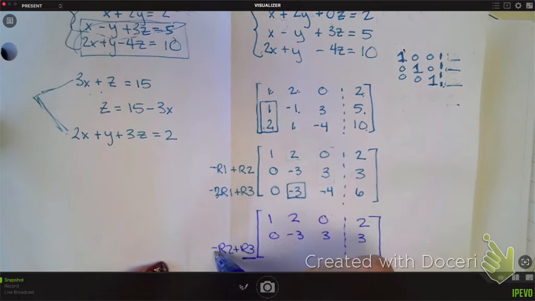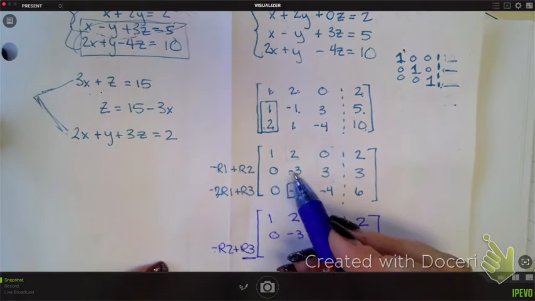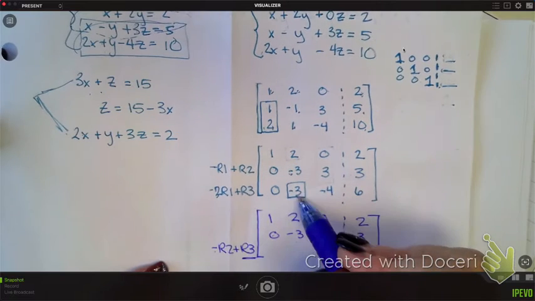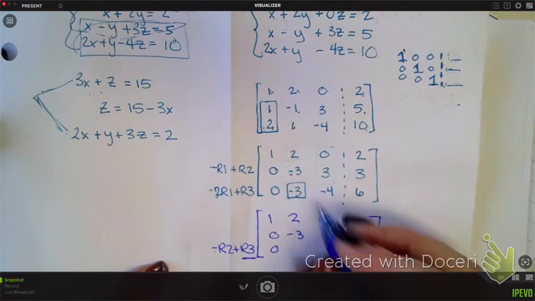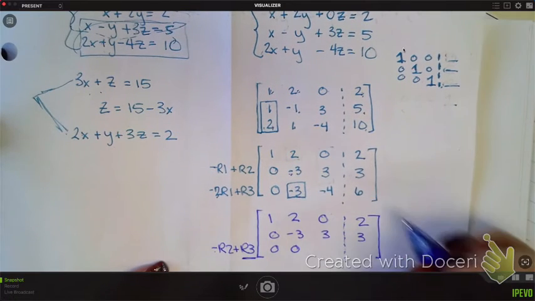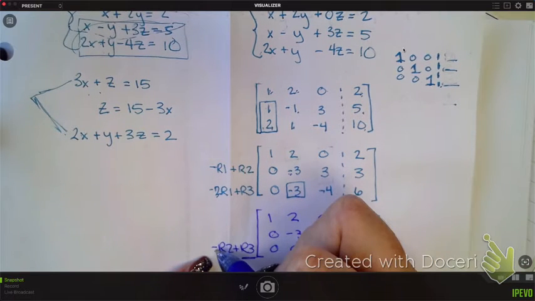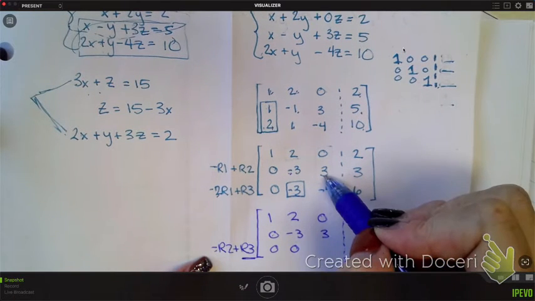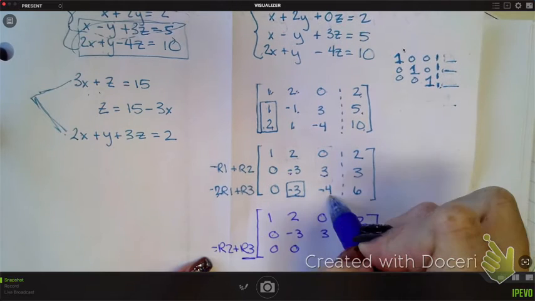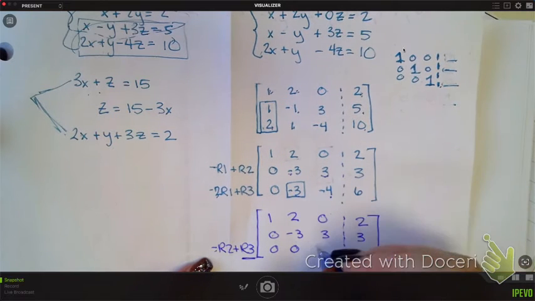So negative times the -3 is a positive 3. Positive 3 minus 3 is 0. That's what I was asking. Okay, but I got to keep going. So -1 times 3 is -3. -3 and -4 is -7. Wait, I thought it was a 0.